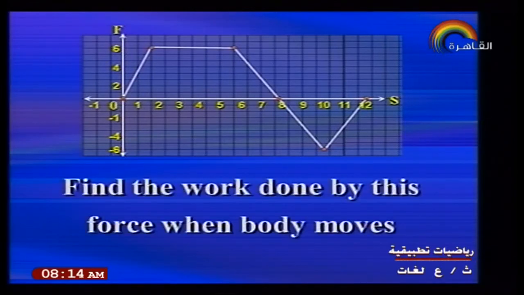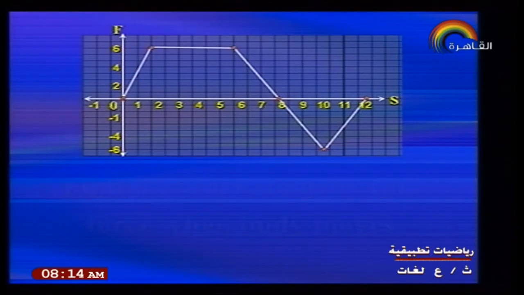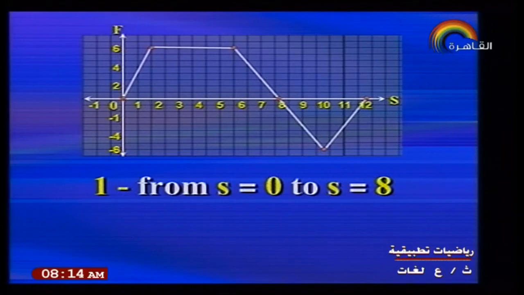Find the work done by this force when the body moves, number 1, from s equals 0 to s equals 8. Remember, dear student, look at the opposite figure above the s axis from s equals 0 to s equals 8.